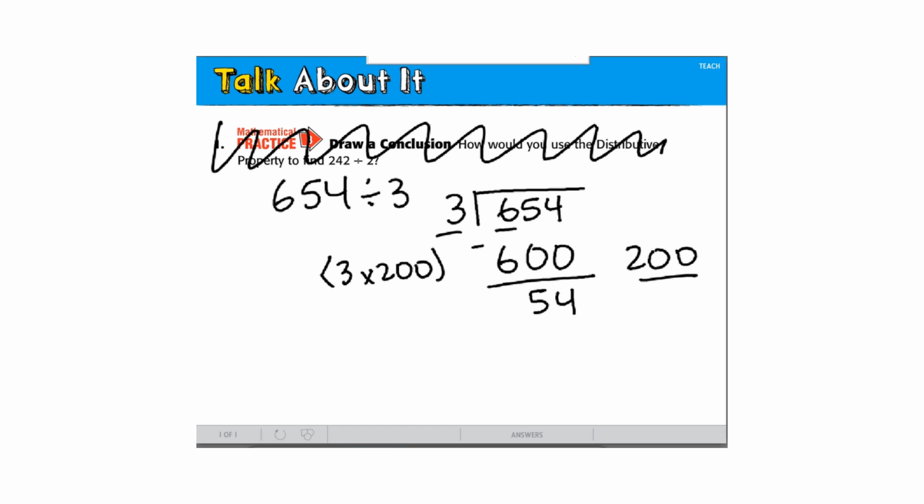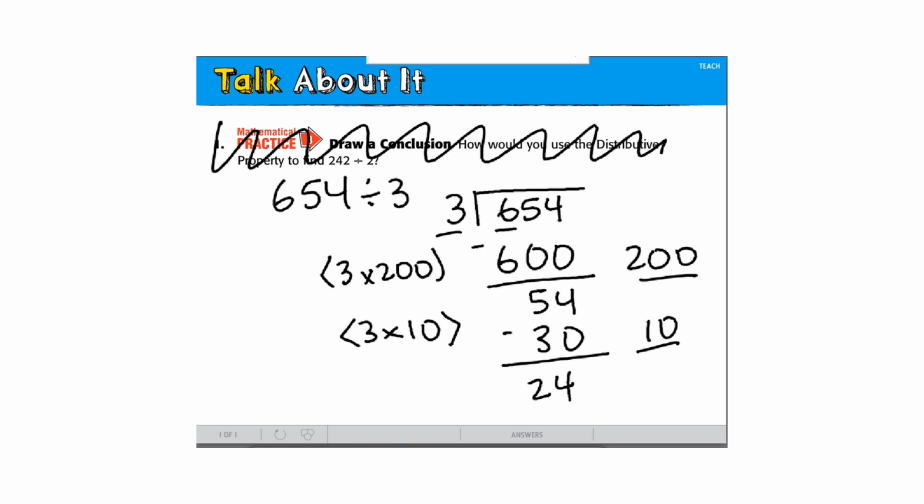So if I say 3 times 10, because remember I'm using powers of 10. I told you you're thinking of powers of 10. 3 times 20, which is the next power of 10, would give me 60, and that's too much. So 3 times 10 is going to be the closest I can get to that, which is 30. So the number that I multiplied by over here was 10.